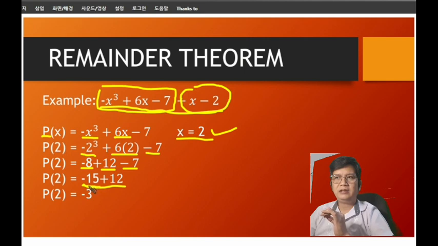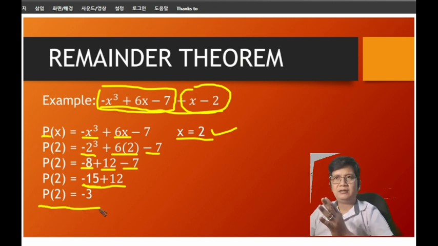So pag tiningnan natin ang 15 and 12 without looking at the sign, if they are both positive, mas malaki yung 15. So kung tingnan natin ang sign na negative, ay nasa 15, so negative yung final answer natin. So it means P of 2 is equal to negative 3.